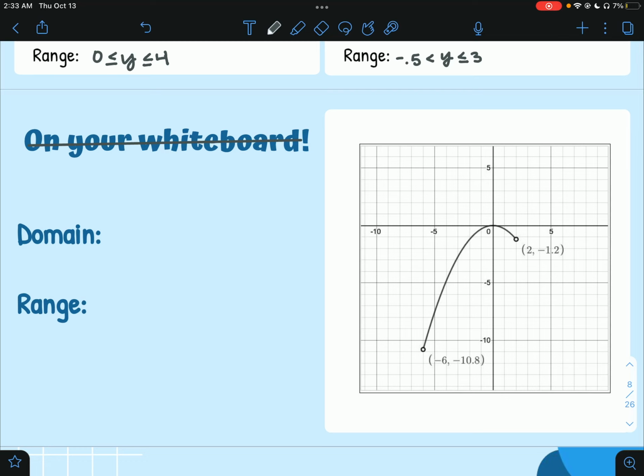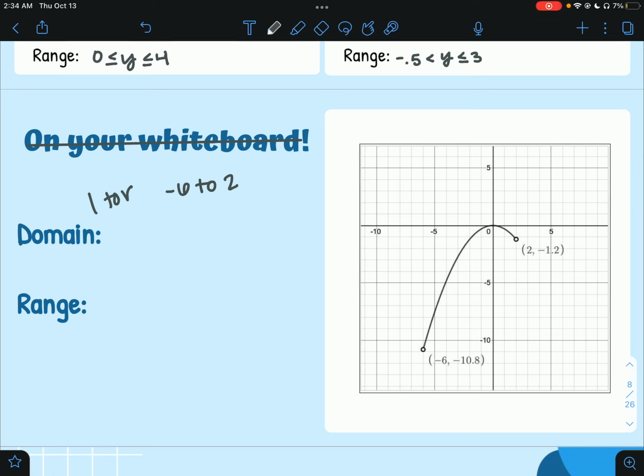Here, we want to say, okay, domain, left to right. So first thing, I'm going to have that idea, and I'm just going to say number to number. My furthest point to the left is -6. My furthest point to the right is 2. So this is my thinking box. It doesn't really matter.